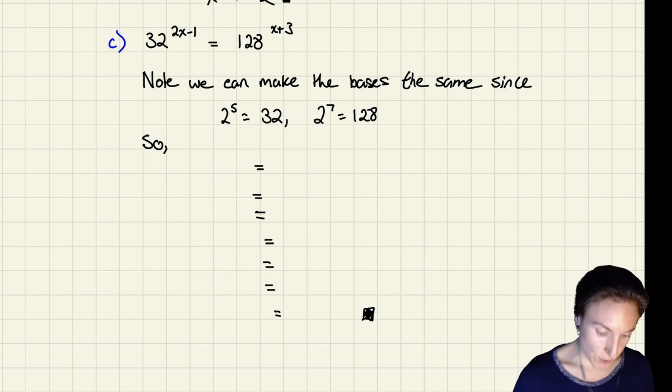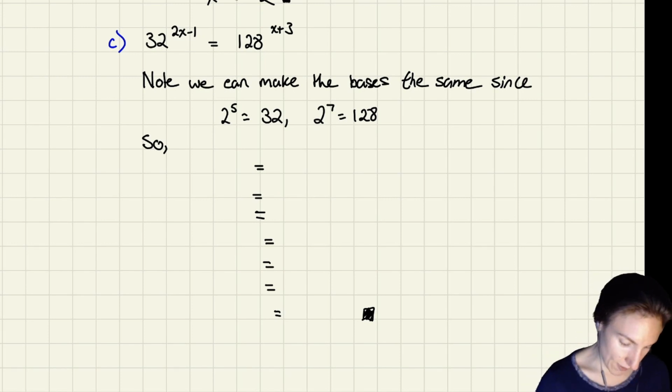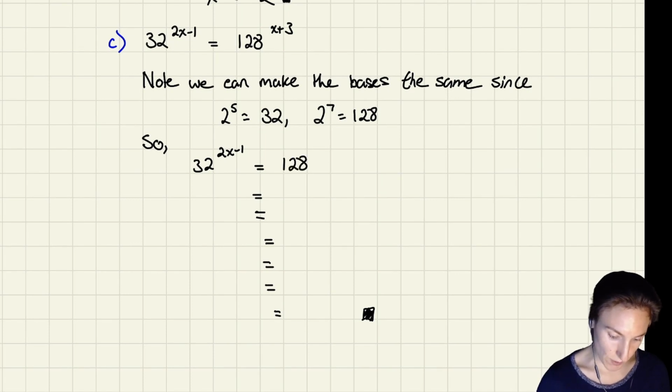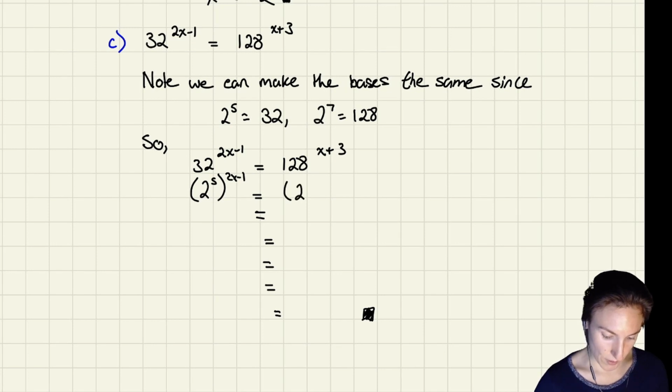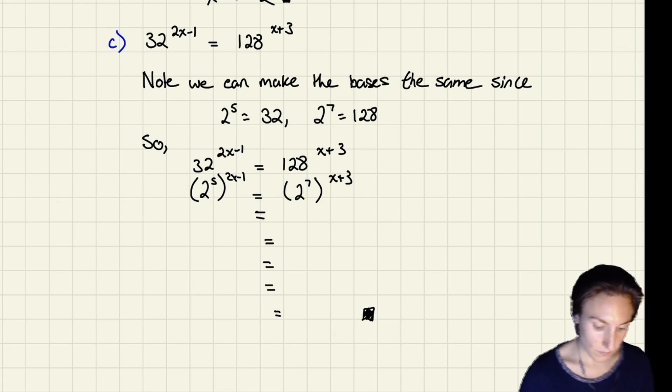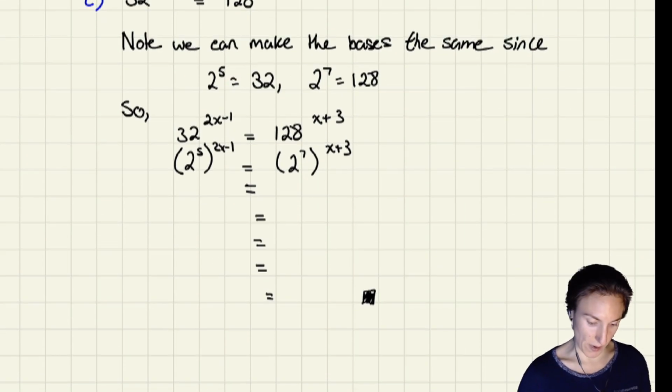But now what we can do is, instead of writing 32 to the power of 2x minus 1 is equal to 128 to the power of x plus 3, I can replace 32 with 2 to the 5, with 2x minus 1 in the exponent. And then for 128, I can replace that with 2 to the power of 7, and x plus 3 in the exponent.